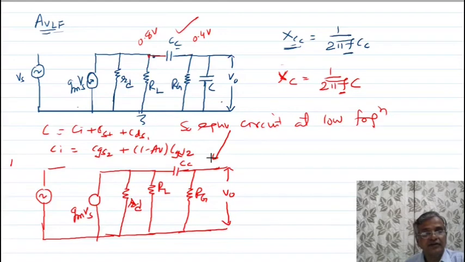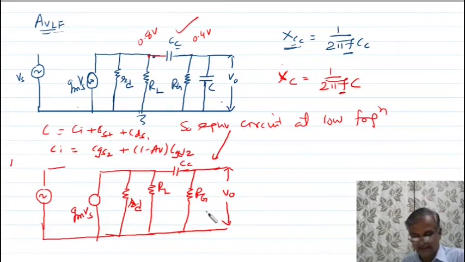Okay. So I have neglected C, the shunt capacitance. Now already we know that in the last lecture I told you the shunt capacitance limits the high frequency response. Remember this sentence. So the resultant equivalent circuit at low frequency can be drawn like this.